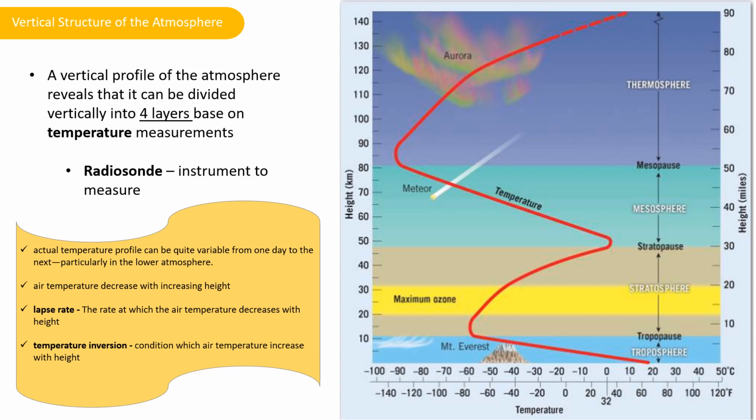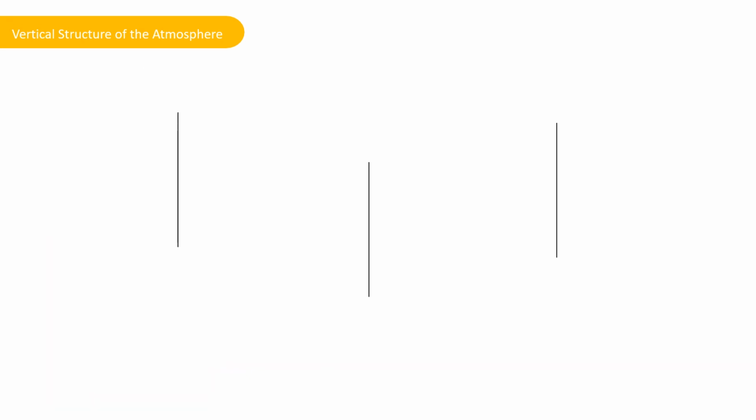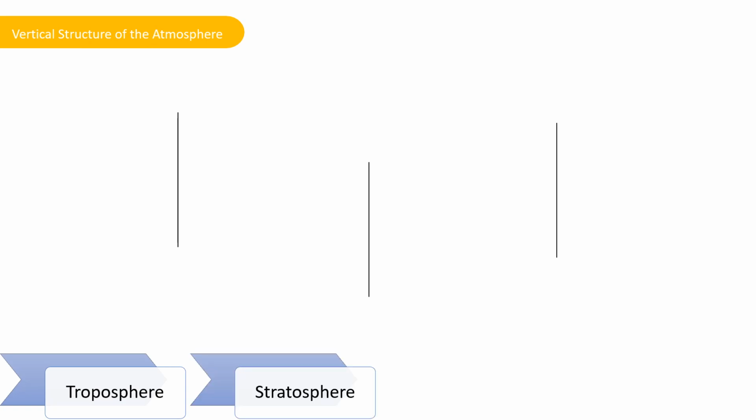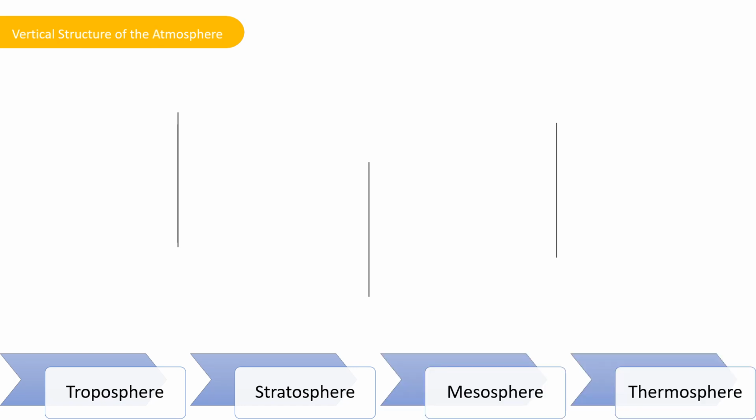And so, to check one by one, we have first the troposphere, next the stratosphere, third the mesosphere, and the last layer is the thermosphere.